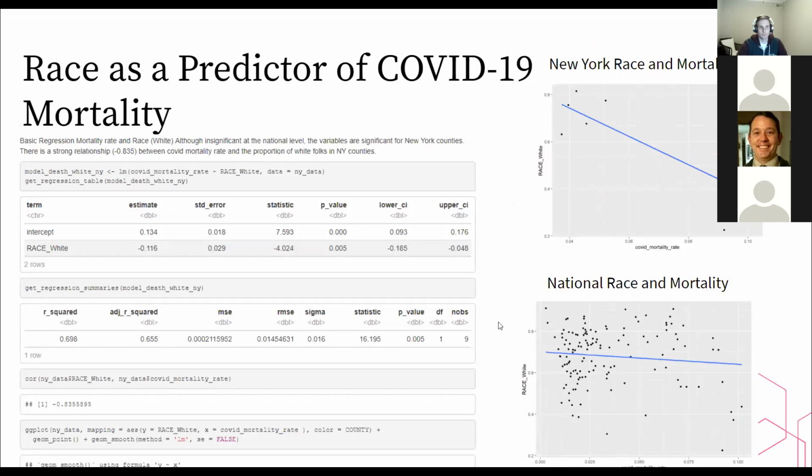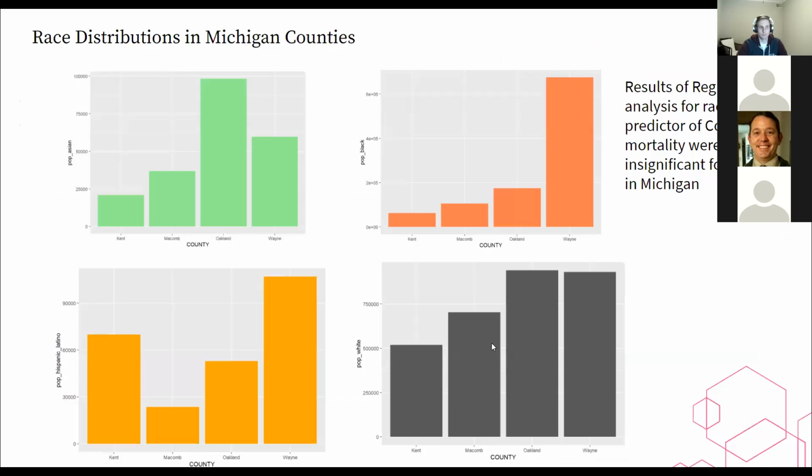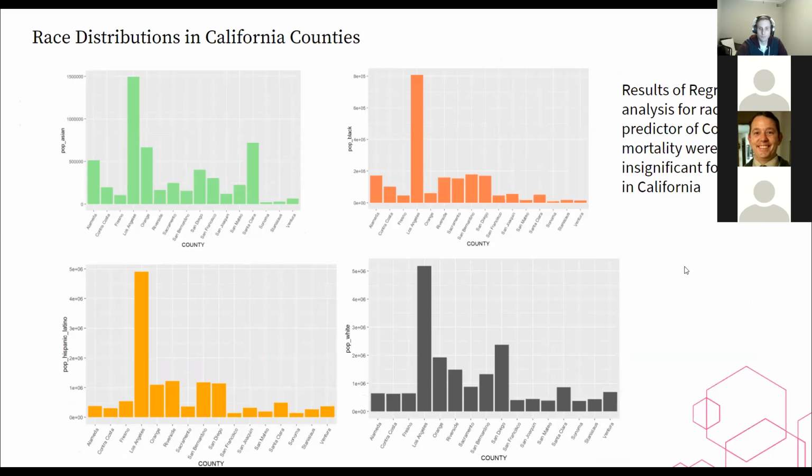Let's see here. So I went through 3 different states, Michigan, New York, and California, and the results of our regression analysis for race were insignificant for counties in Michigan, as well as insignificant for counties in California.